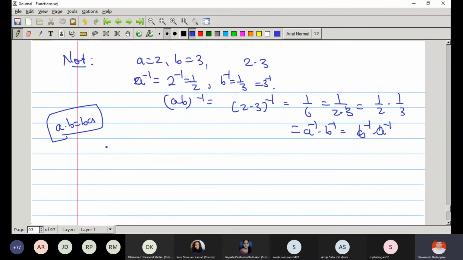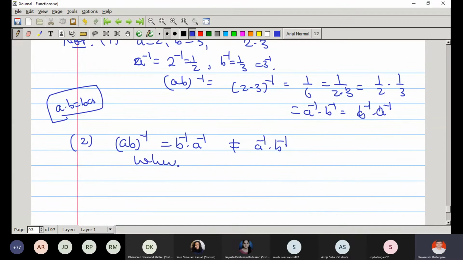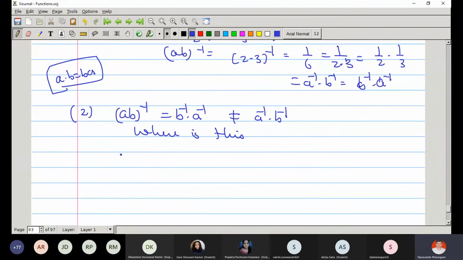Right? So, but do you find any such situation where (AB) inverse is the same as B inverse into A inverse, but not the same as A inverse into B inverse? Where is this possible? In matrices. In matrices, very good.